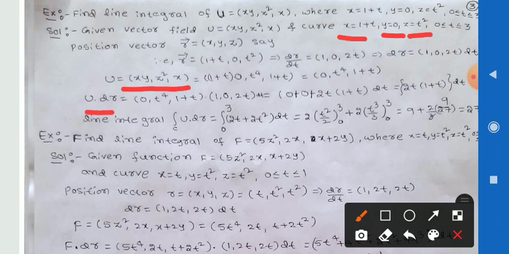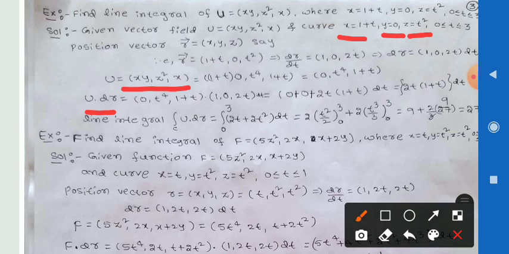By doing the dot product of the given vector u and the position vector dr, we get u dot dr equal to (0, t^4, 1+t) dot (1, 0, 2t) dt.